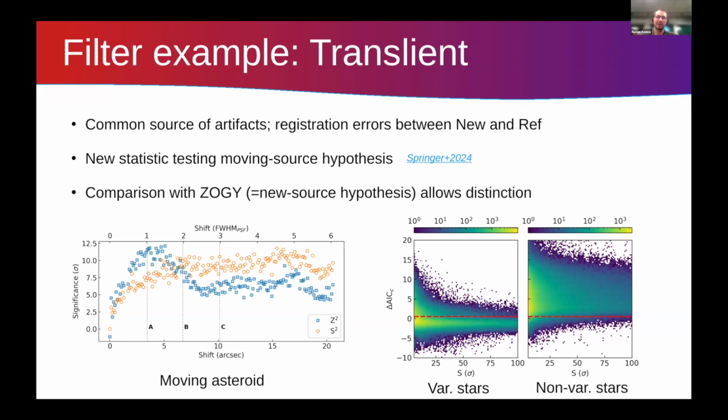So one of the common artifact errors is that the images are not perfectly registered and they kind of move from one image to the other, and this looks like a transient. So you can compare the two statistics and you can tell, is this more of a varying source or more of a moving source? And I'll say in the bottom right, you see left and right, the residuals on varying stars and non-varying stars, and you see the populations are different. So you can use this to distinguish the two scenarios.